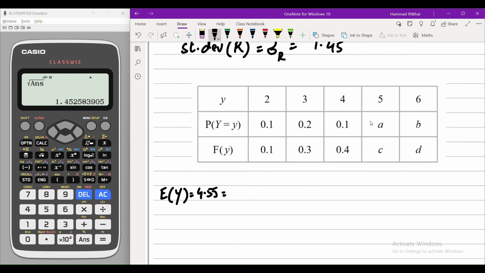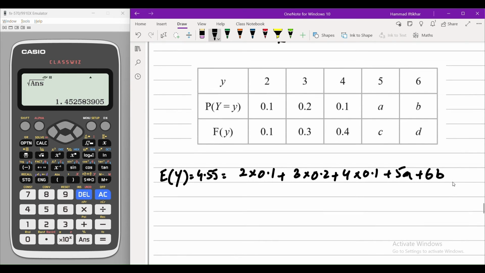So if we make an equation for that, it's going to be 2 times by 0.1 plus 3 times by 0.2 plus 4 times by 0.1 plus 5a plus 6b. We've already figured out that d is equal to 1, and that is equal to 4.55.